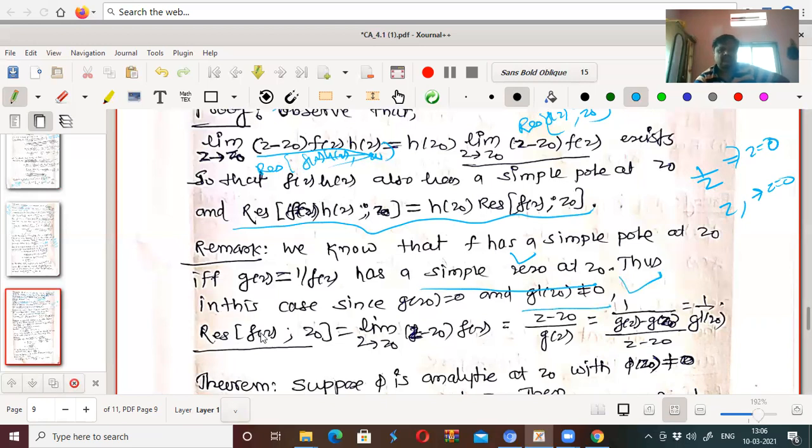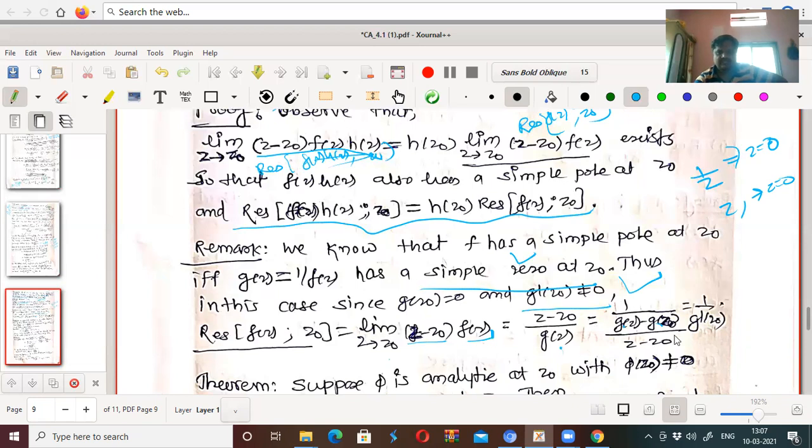Therefore, the residue of f of z at z0 is nothing but the limit as z tends to z0 of (z minus z0) f of z, that is (z minus z0) upon g of z, because f of z is 1 upon g of z. As z tends to z0, we can write this as 1 upon (g of z minus g of z0) divided by (z minus z0), because g of z0 is 0.